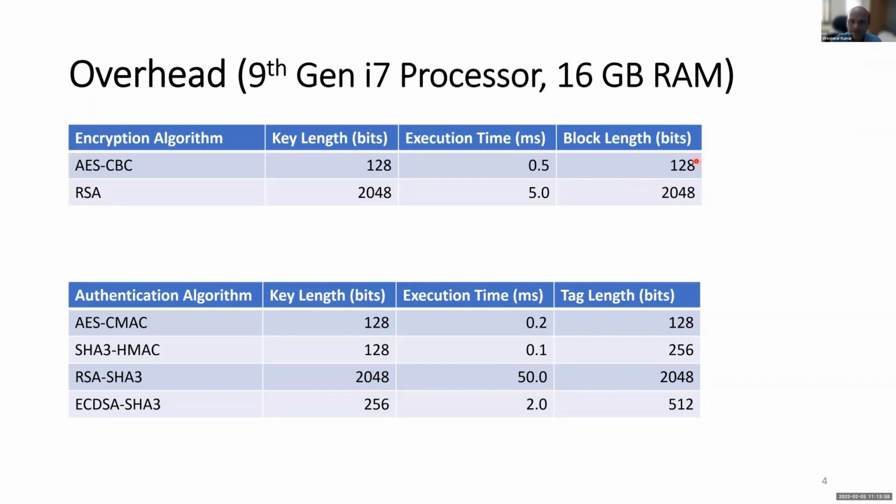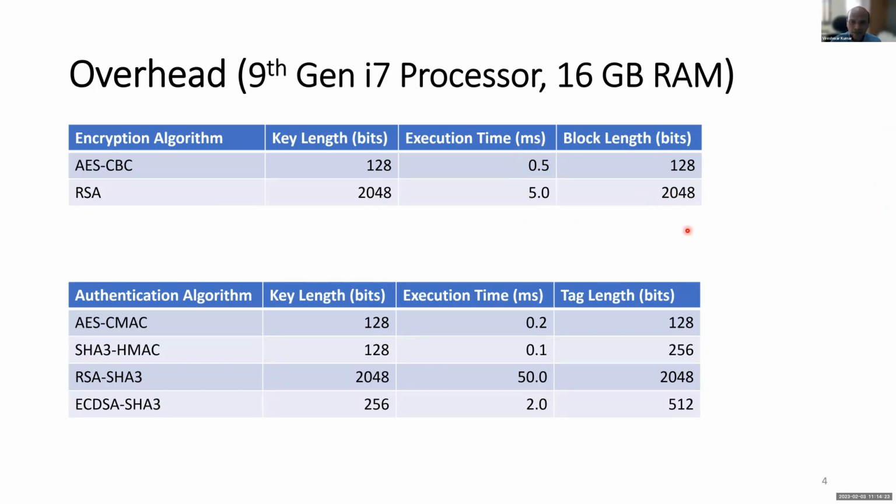So of course, at least one order of magnitude higher than what you would have seen for the symmetric key. And similarly, the length of the block which is generated after the conversion of plain text to ciphertext in this encryption algorithm is also very large in the asymmetric key setting. So what we try to focus on here is the execution time and the block lengths.